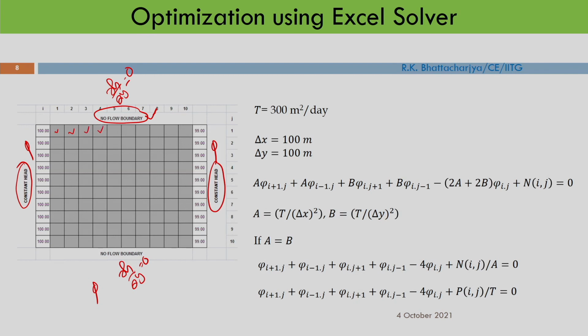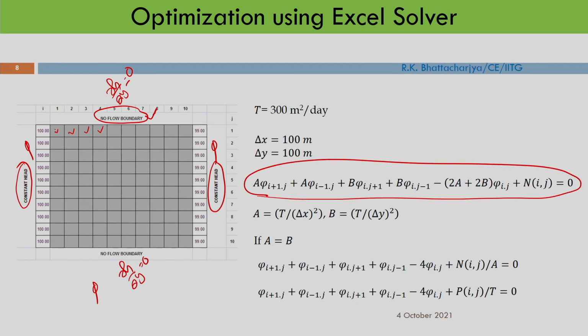Whatever finite difference equation we have, this has to be satisfied at each grid point. So, if I write the finite difference equation, suppose I am writing equation 1 here, equation 2 here, and this is 3, 4, 5, 6, 7, 8, 9, 10, and this is my 100th equation.